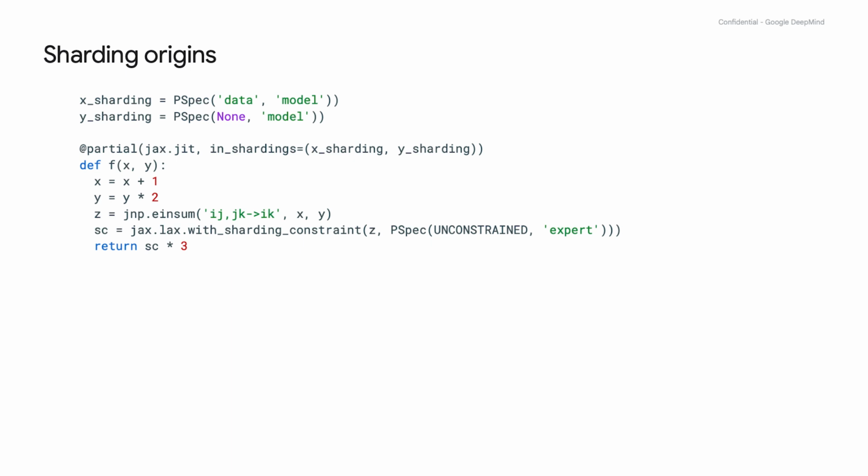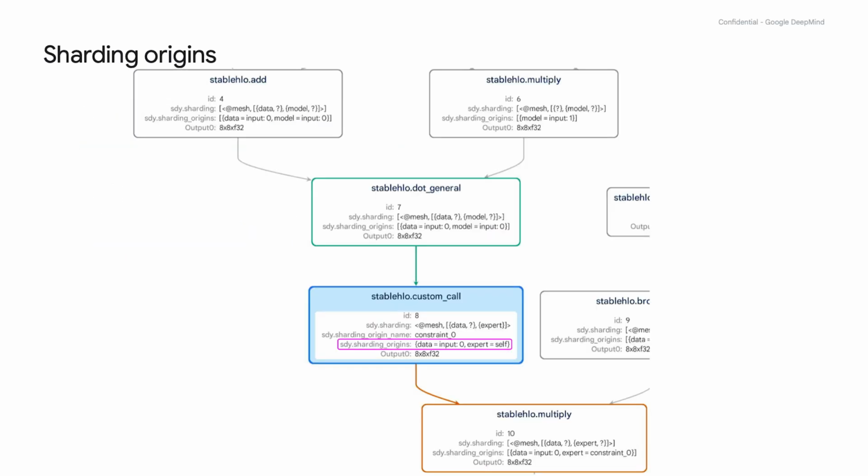We provide tools to trace back to the origins. For example, in this operation, we know that the data axis is from input 0, and it provides the direction and the flow of the propagation of this sharding axis.